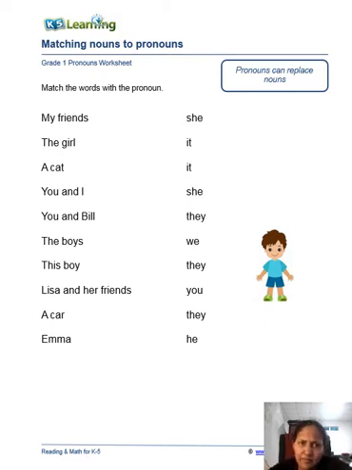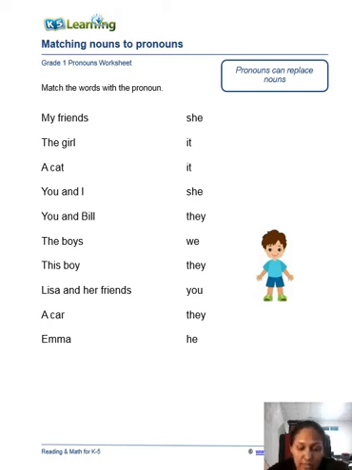You and I. You and I together, how do we explain using a pronoun? We can say we, right? You and Bill, you can say you. You both, right? So you can use you.